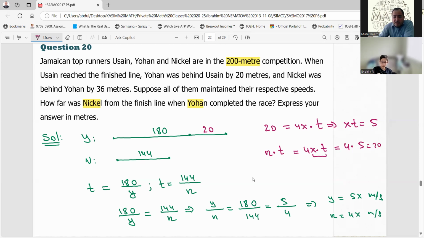So that means that during this time, when Johan reached the finish line, this guy would travel this much, which is 144 plus 20, 164, right? So the remaining distance will be how many meters? Wait, isn't it 164?